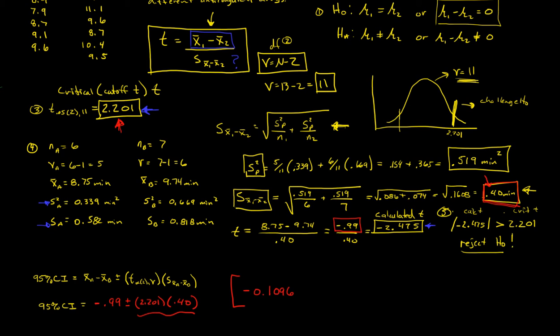The lower end of your interval is negative 0.1096, and the upper end of your interval is negative 1.8704. Let me make those brackets bigger. Okay, so this is the upper end.